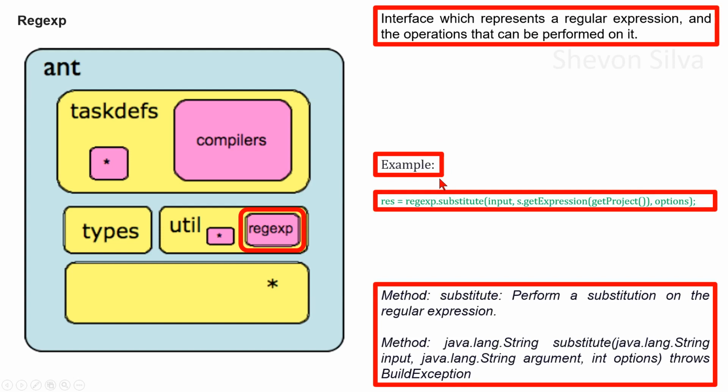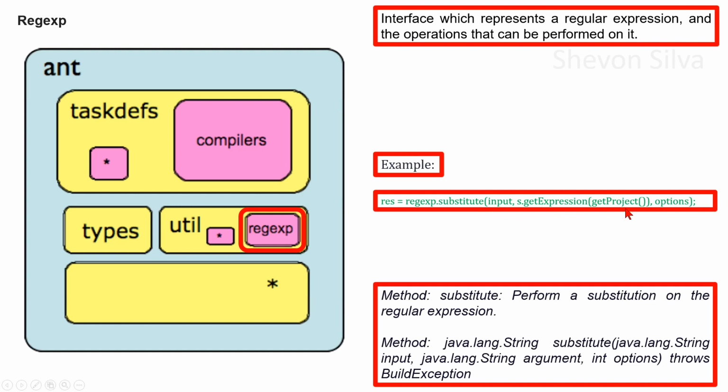As an example, we can consider this one. Here the substitute method performs a substitution on the regular expression. Here is the input, the string to substitute on.